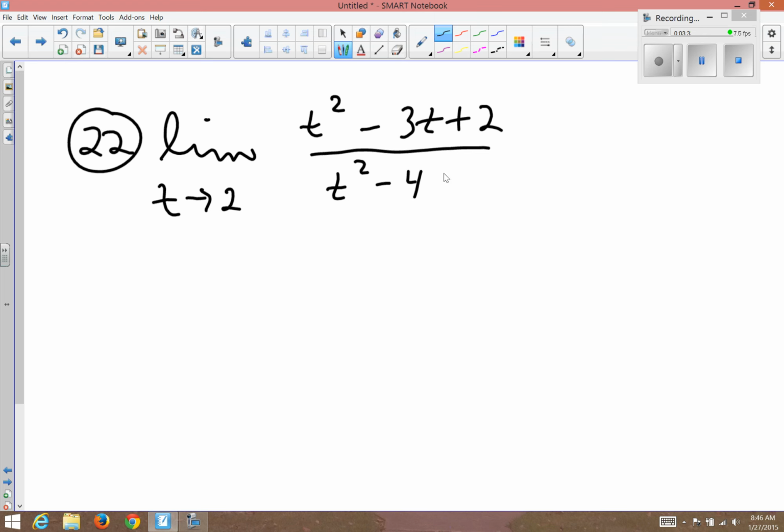If we do what we just did in the last few, just replacing t with 2, we would have 0 in the denominator. 2 squared minus 4 is 0. It is not possible to divide by 0.